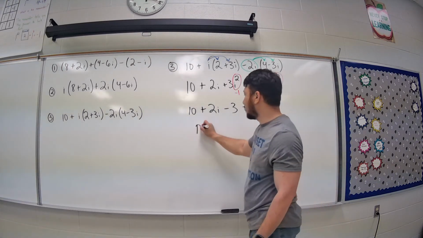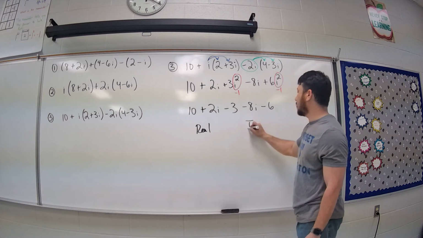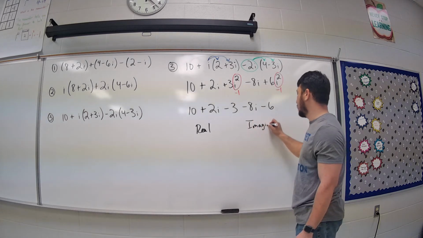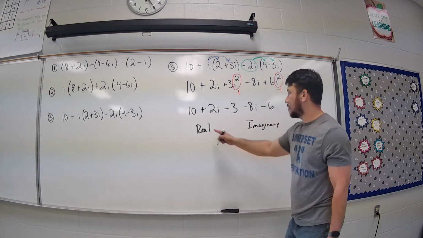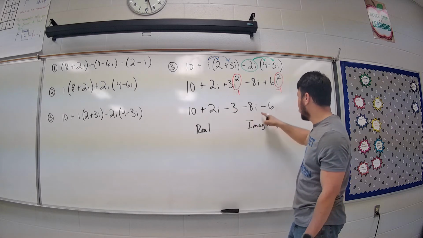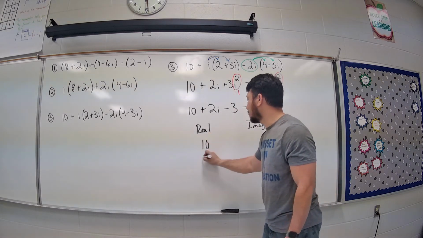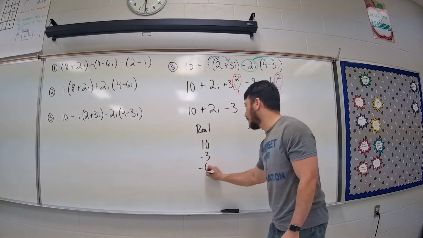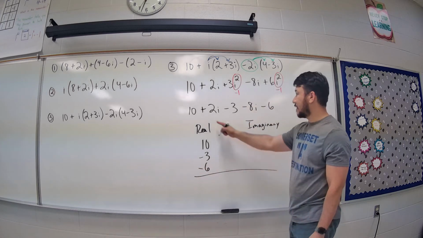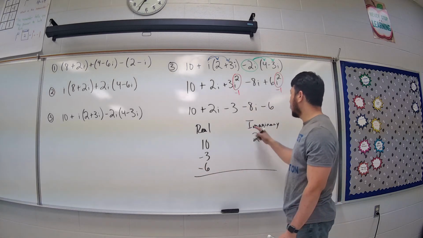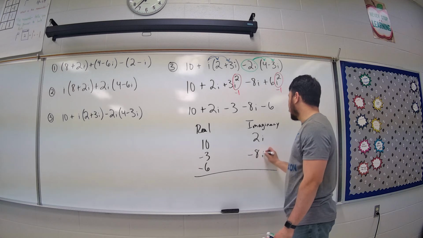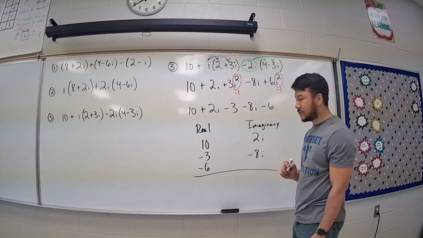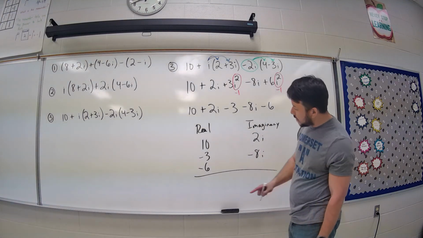And now I go back to my reals. Real numbers, I have 10, negative 3, negative 6. Imaginaries, I just have my 2i, and then minus 8i. Now always use that sign that's in front of that term. Okay, so here we go.